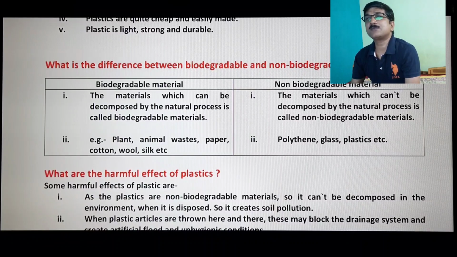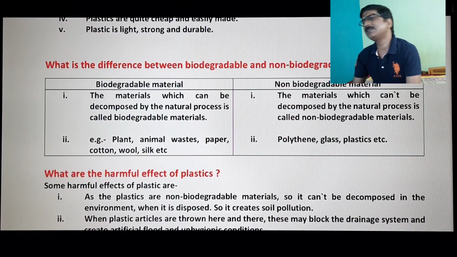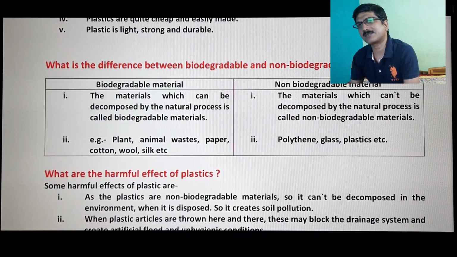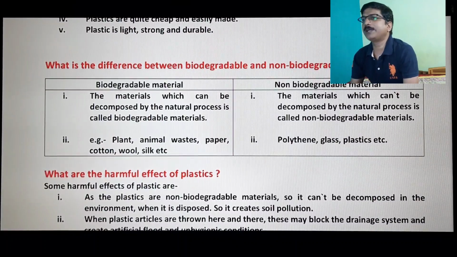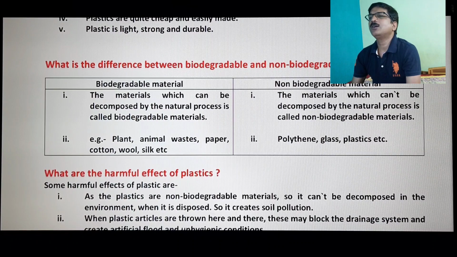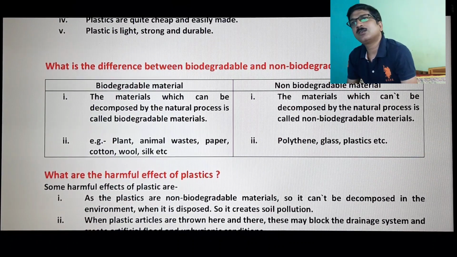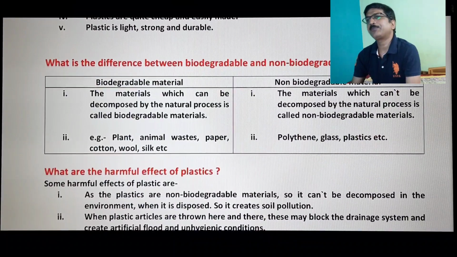Examples of biodegradable: all organic materials, plants, animals, their wastes, their fecal materials, paper, cotton, wool, silk, these are all organic substances, they are biodegradable. But polythene, glass, plastics, these are non-biodegradable materials. It is clear, the difference between biodegradable and non-biodegradable. Okay.